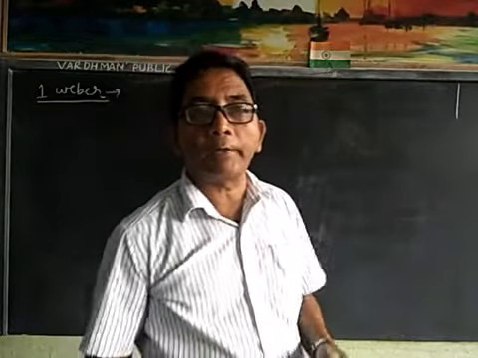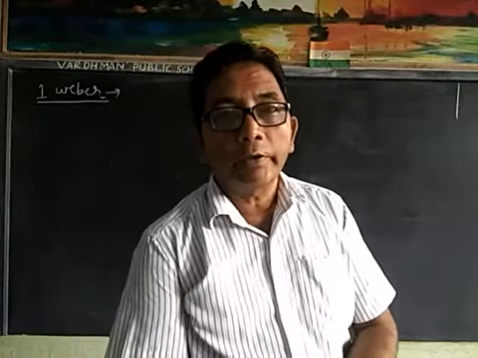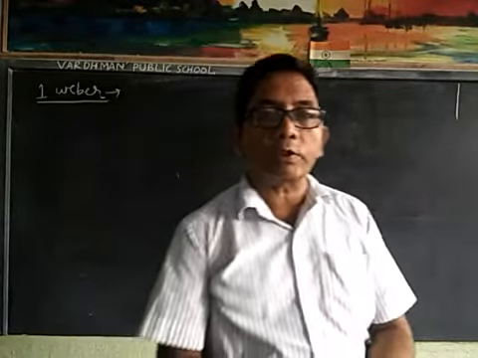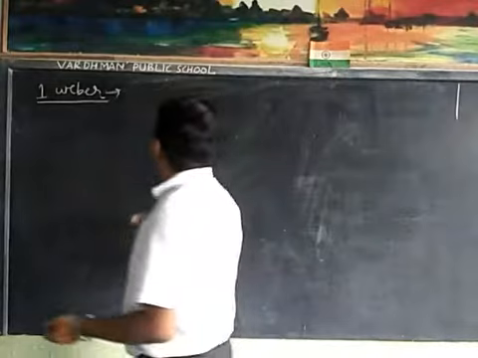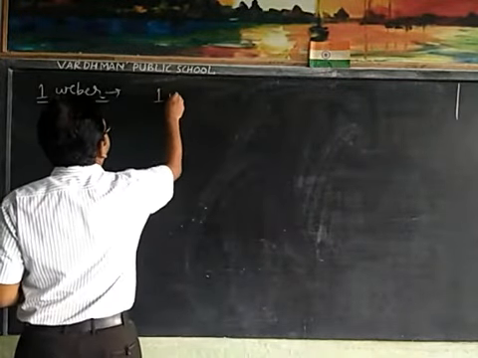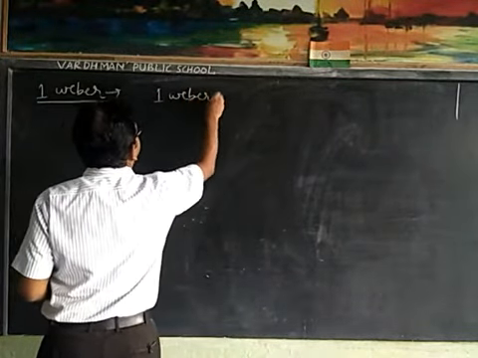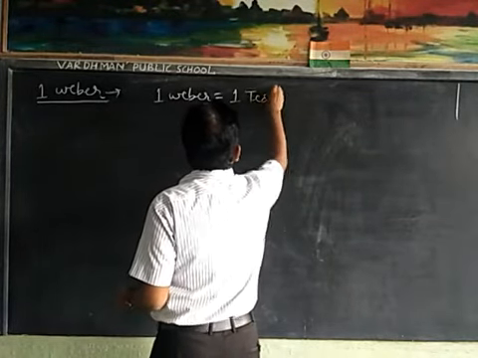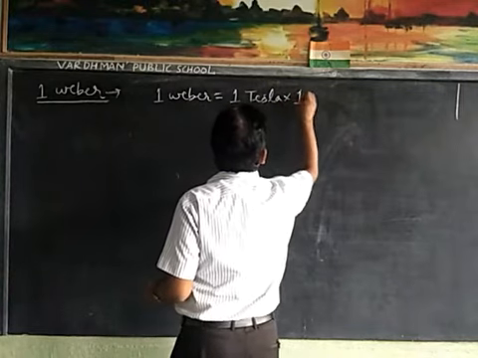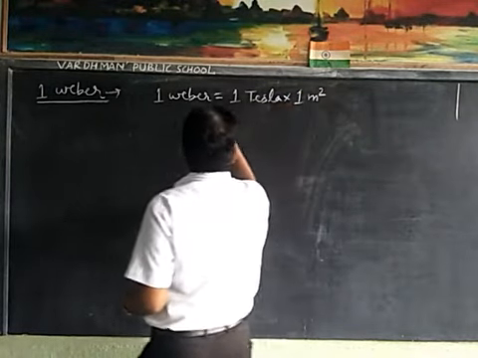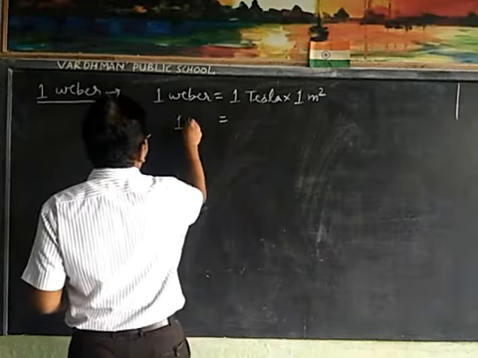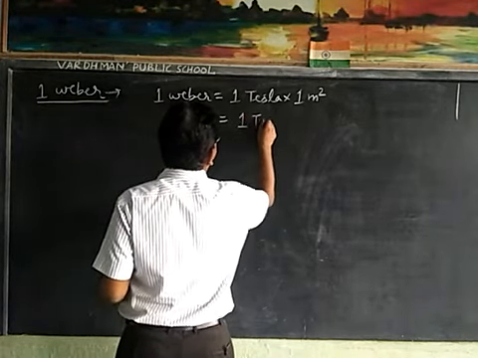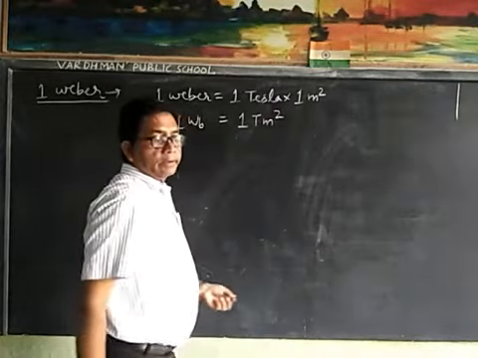Then 1 Weber is equal to 1 Tesla into 1 meter square, that is, 1 Weber is equal to 1 Tesla meter square.